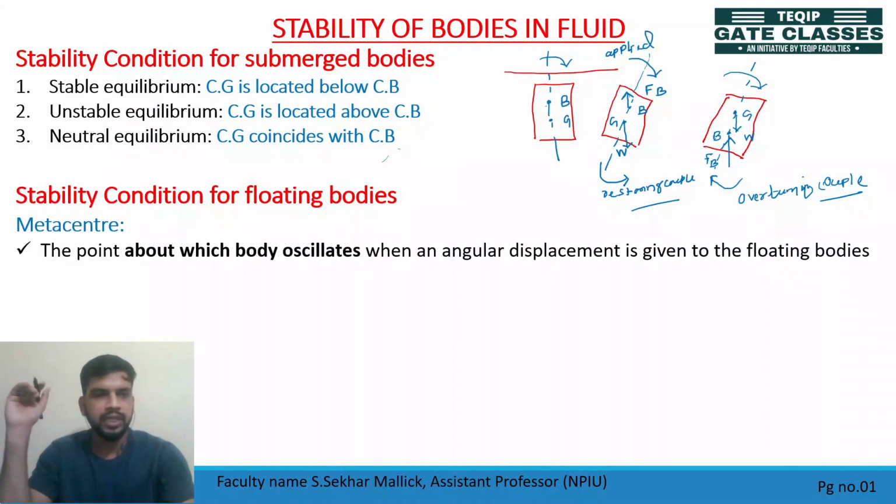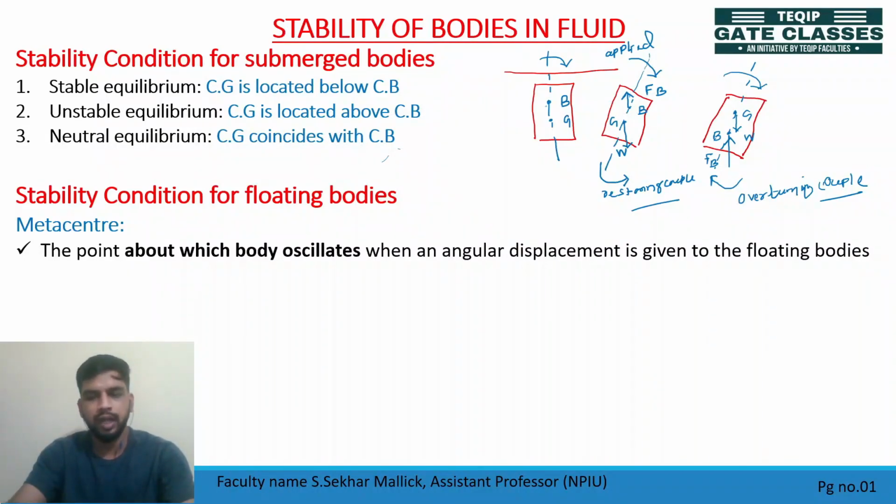You get a metacenter only in floating bodies. If you give a small angular displacement to a floating body, it will oscillate about a particular point, and that point is called the metacenter.